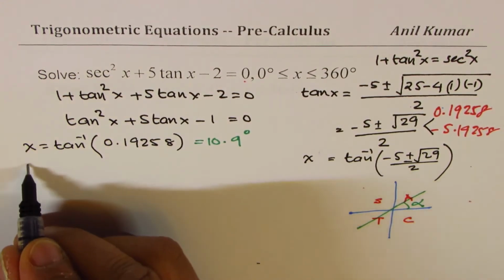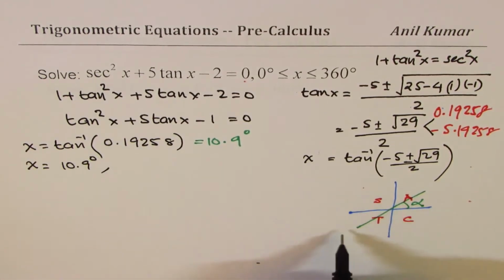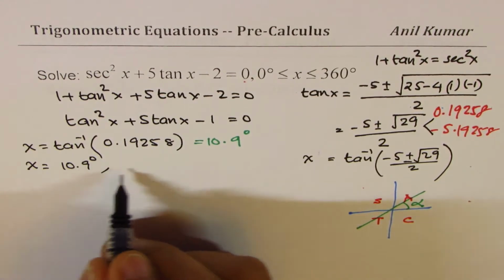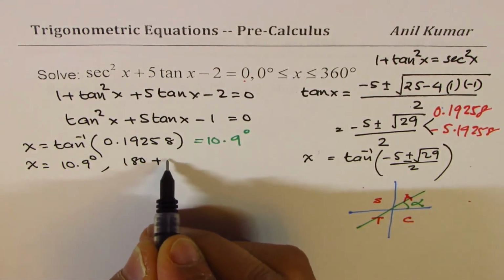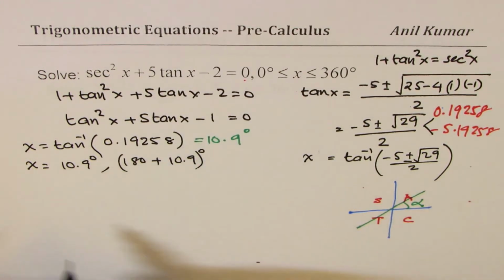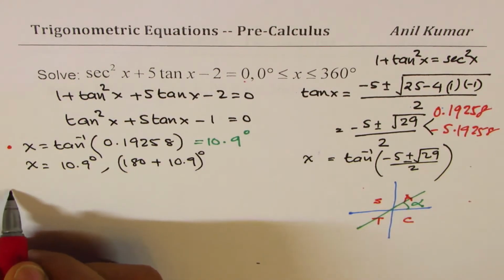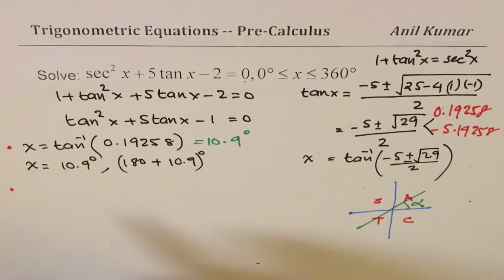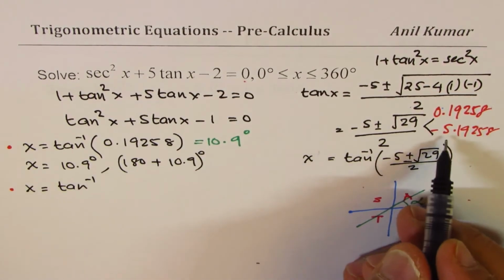So we can say the x value is 10.9 degrees, and the other one will be 180 plus this, right? So the other one is 180 plus 10.9. Is it okay? So these are the two solutions for case 1, right?